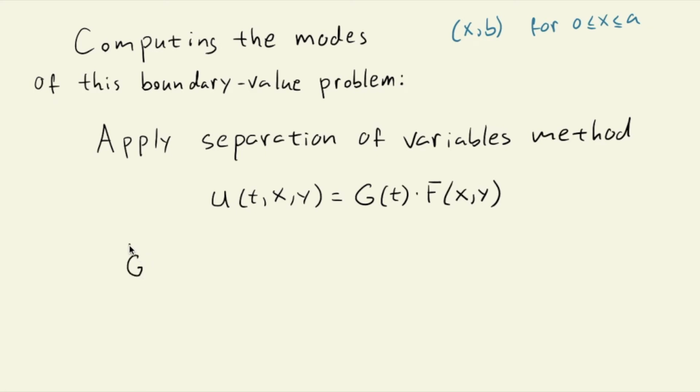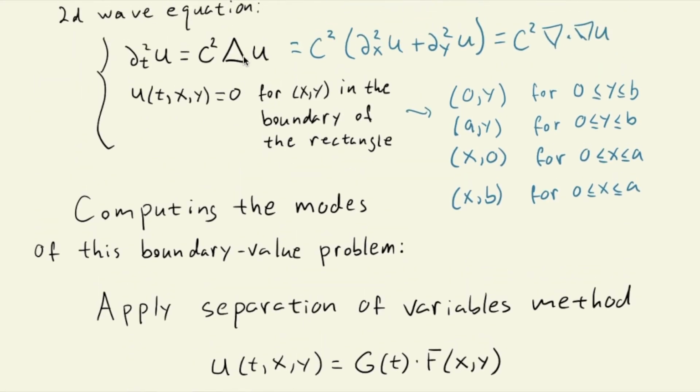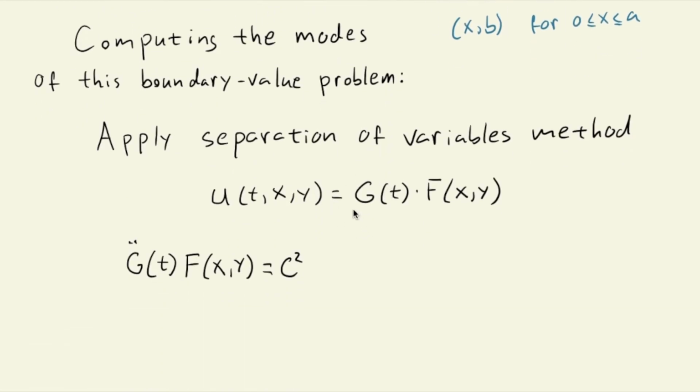So the wave equation is going to look like g double dot of t times f(x, y) is equal to c squared, and now the Laplacian of u. This is a second derivative in x plus a second derivative in y. So what happens here, if we write slowly, a second derivative in x is only going to take a second derivative in x of f, right? Because g doesn't depend on x.